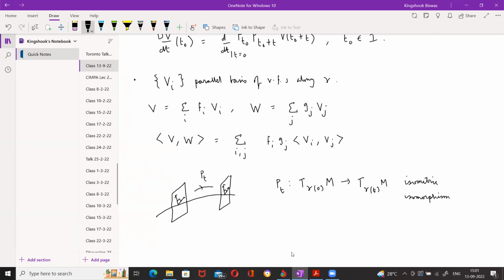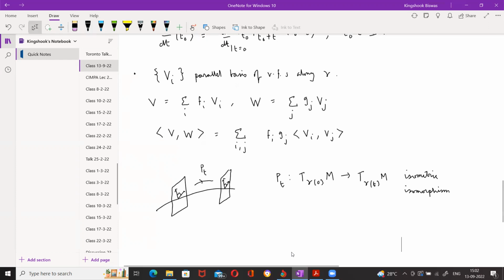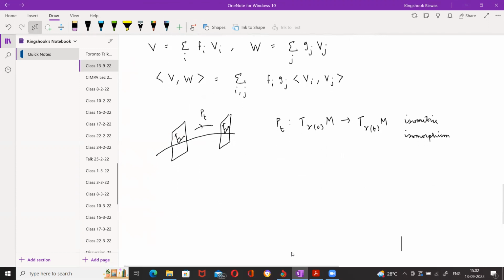Of course, like you were saying, Utsav, this is only true for the covariant derivative induced by the Riemannian connection, right? If you take a different connection, then it need not be isometries.